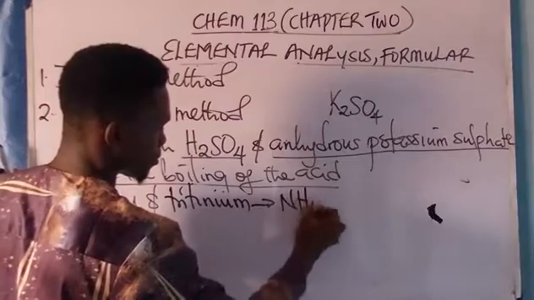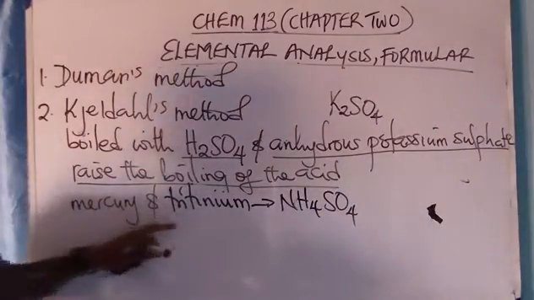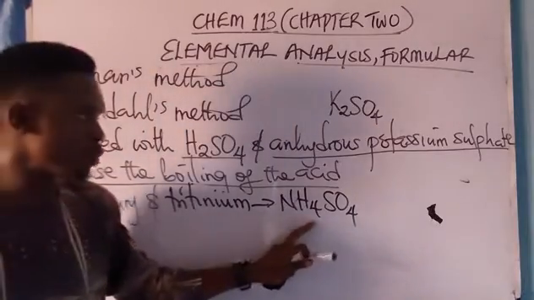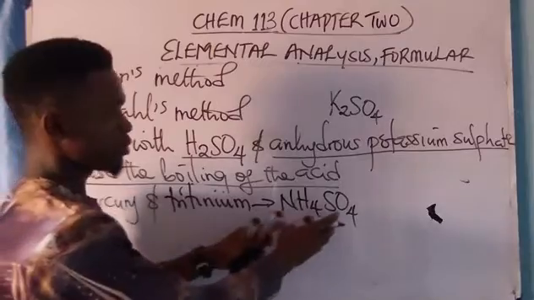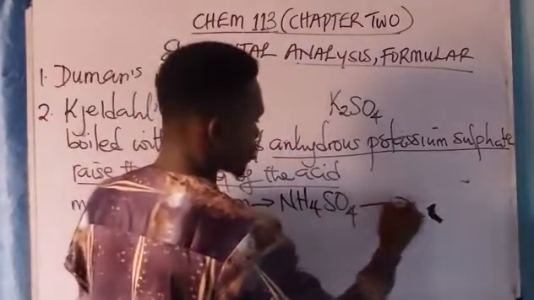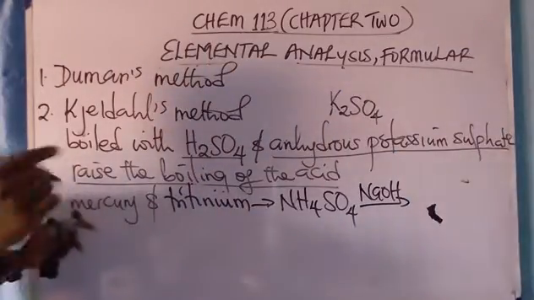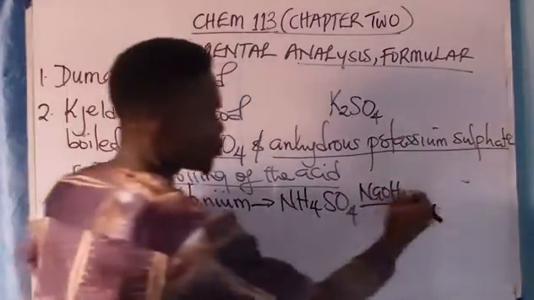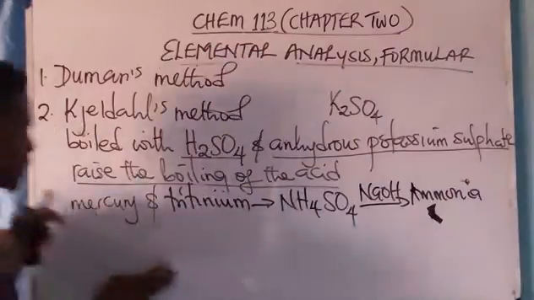As soon as these catalysts are added, ammonium sulfate is formed. Now, after the formation of this ammonium sulfate, sodium hydroxide is added. As soon as it is added, ammonia is formed. Let me do it.